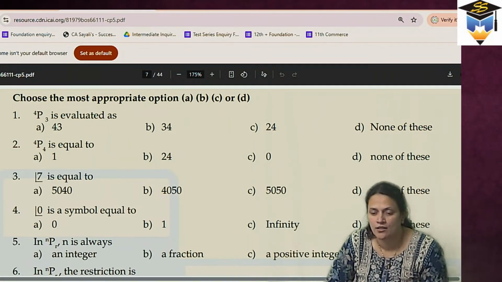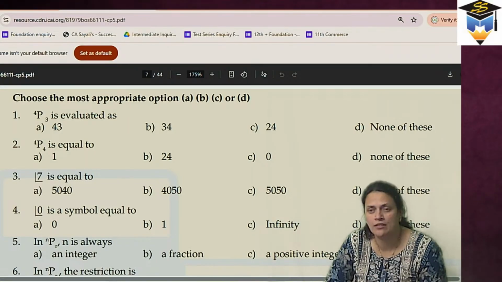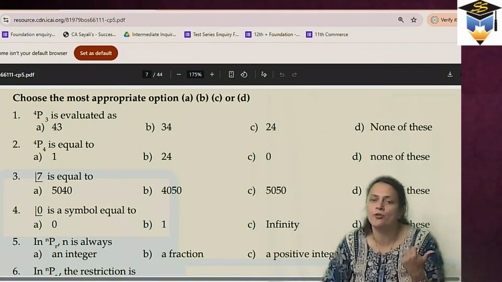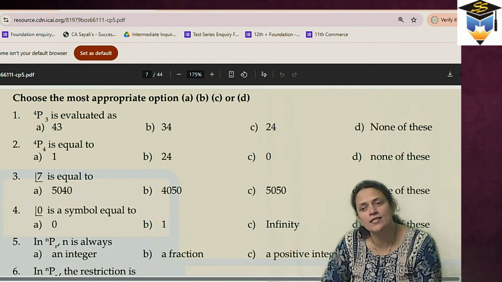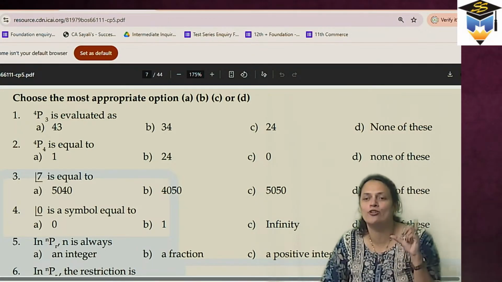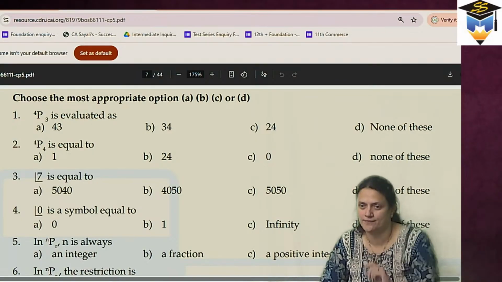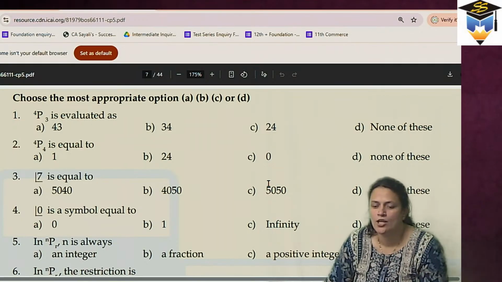If you do 4 factorial by the formula, it is 4 factorial upon 4 minus 4 factorial, that is 0 factorial, which is just 4 factorial, because the value of 0 factorial is 1. So 4P4 comes out to be equal to 4 factorial, that is 24. Option B for question 2.